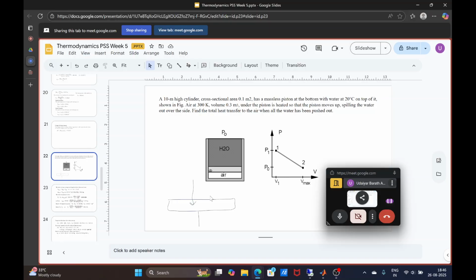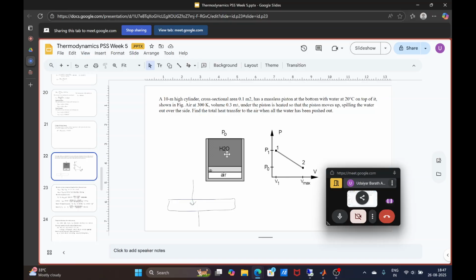These two are balanced at any point. Initially there is a small change in pressure, so the water gets spilled and it balances the two forces. At any instant it goes infinitesimally slowly, so assume that it's a quasi-static process. So at any state, this force will be balanced.